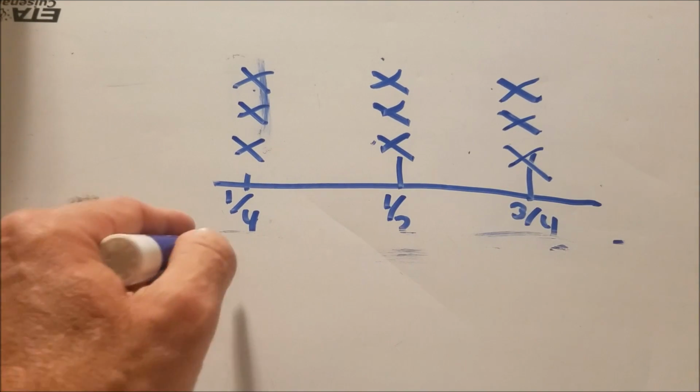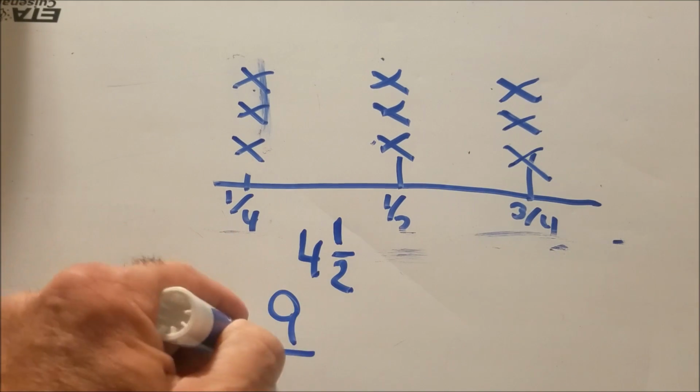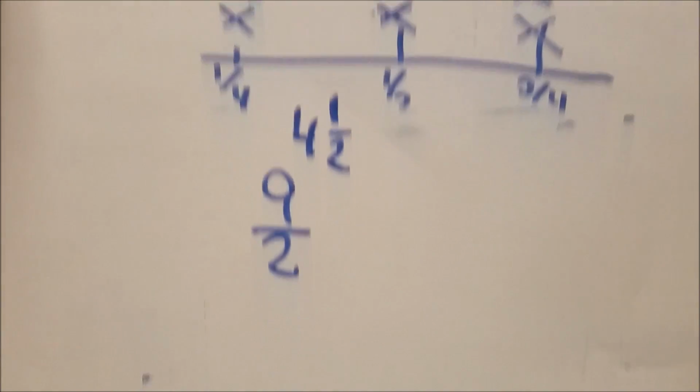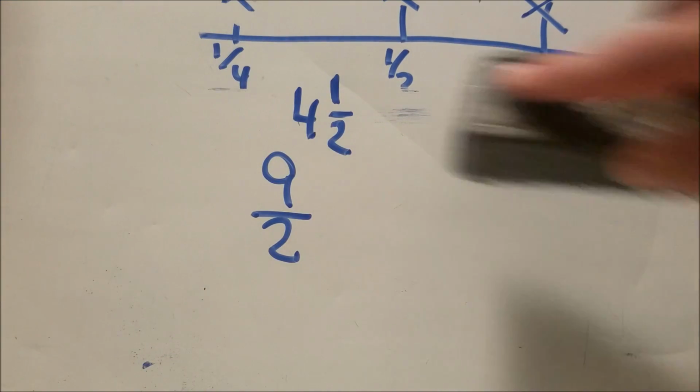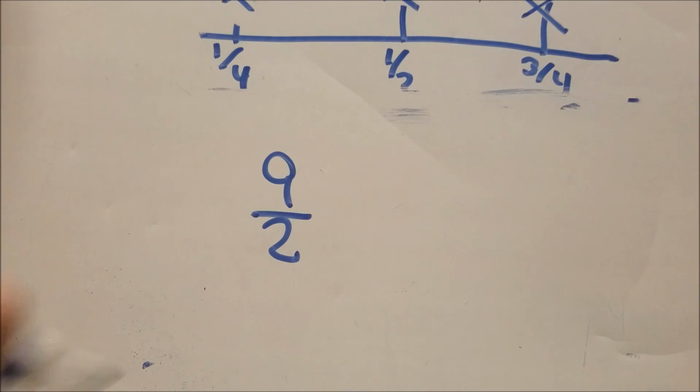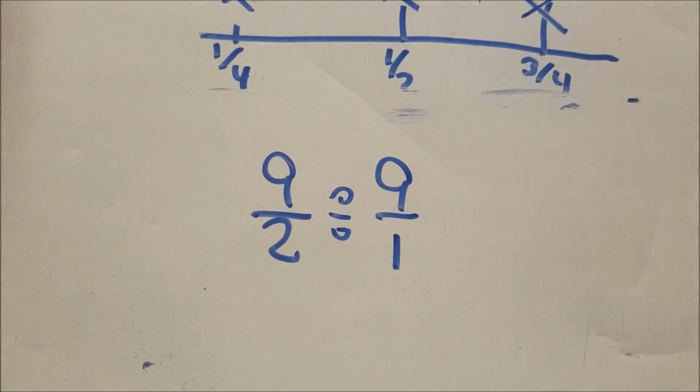And 4 1/2, let's just bring it up here for a minute. 4 1/2 is also 9/2, because 2 times 4 is 8, plus 1 is 9. Divided by 9. Always put the whole number over 1.